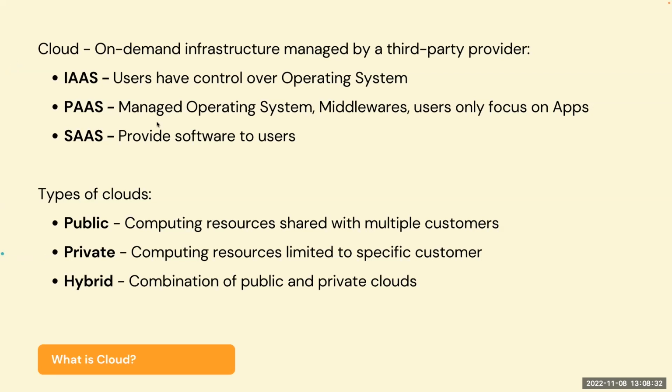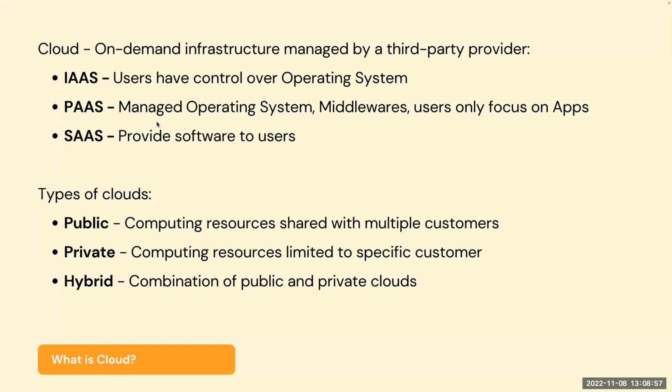Software as a service, on the other hand, purely gives you software as a service. If you are getting a subscription-based software as a customer, or B2B, or you are paying for some APIs, that's software as a service. And there are three types of cloud: public, private, and hybrid.